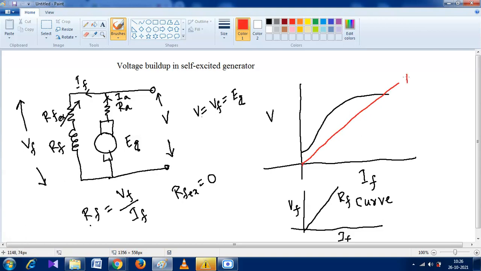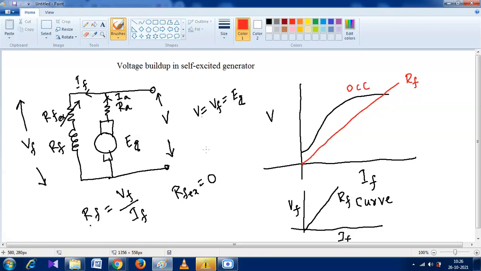This is the RF curve and this is the OCC curve. Have you understood that? Yes, sir. We are plotting two graphs, one is the OCC curve and the other is the field resistance curve, in the same graph. Then it's like that.